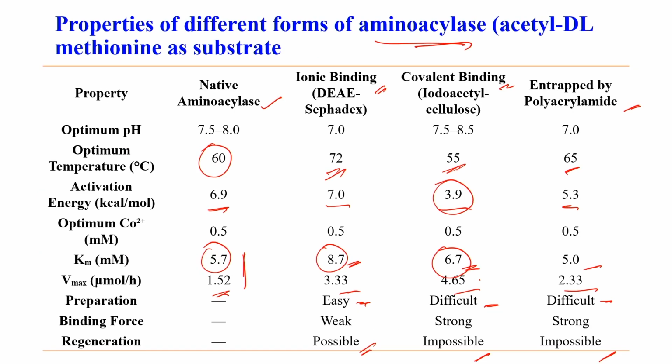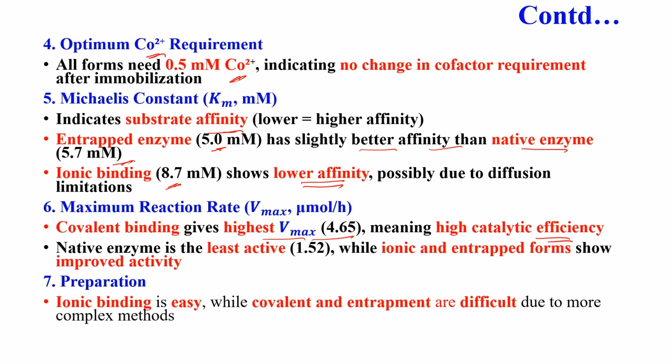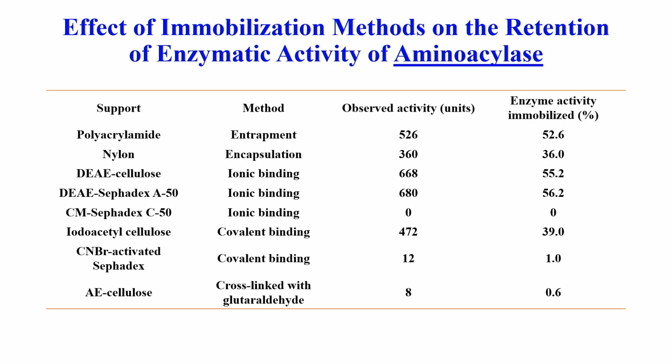You see the activation energy was reduced. The native enzyme is the least active, while the ionic and entrapment forms show improved activity. Now, if we compare preparation, ionic binding is easy, while covalent and entrapped are relatively difficult due to more complex methodology. Now, you can compare the effect of immobilization method on the retention of enzymatic activity.